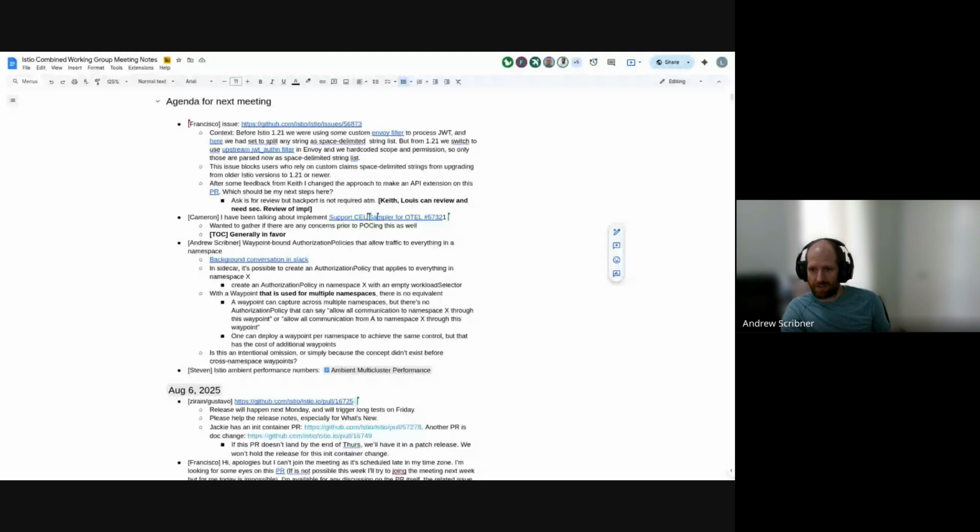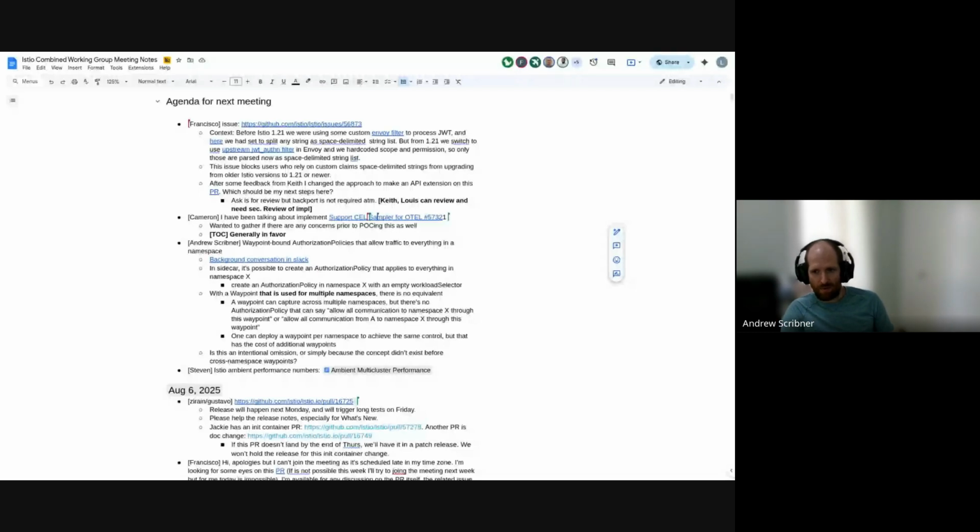So then you can make a policy that says, like, Prometheus can scrape everything in this namespace. You could achieve the same thing if you're using a waypoint for that specific namespace, because then you can make a waypoint-bound authorization policy that applies to all traffic through the waypoint. And because that waypoint is only serving one namespace, it applies to the entire namespace.